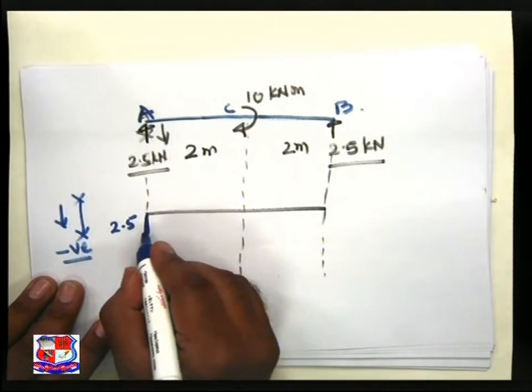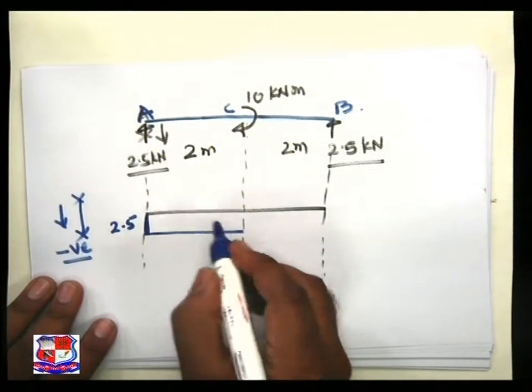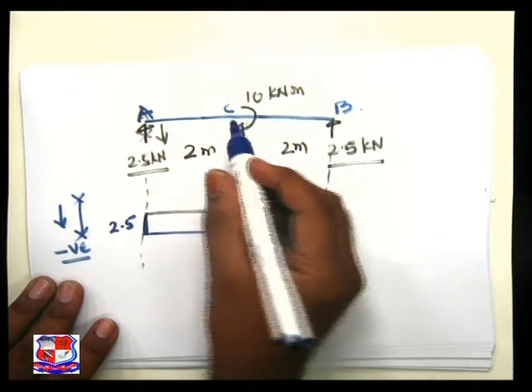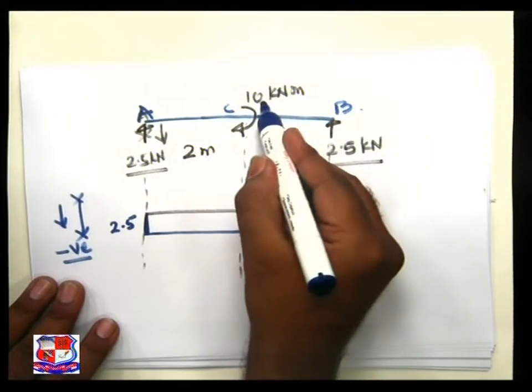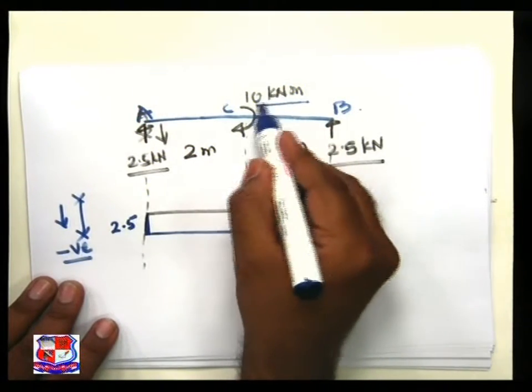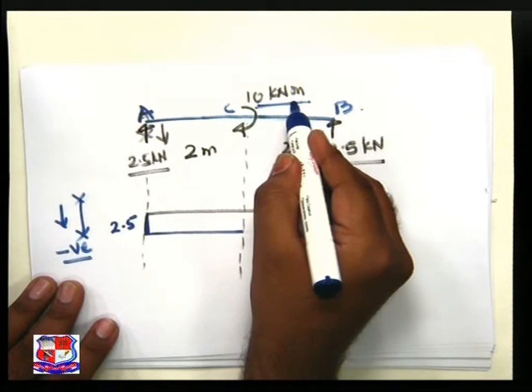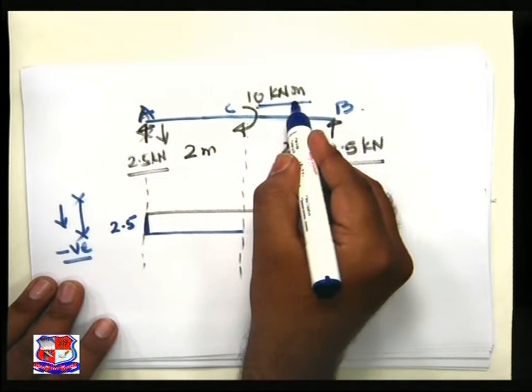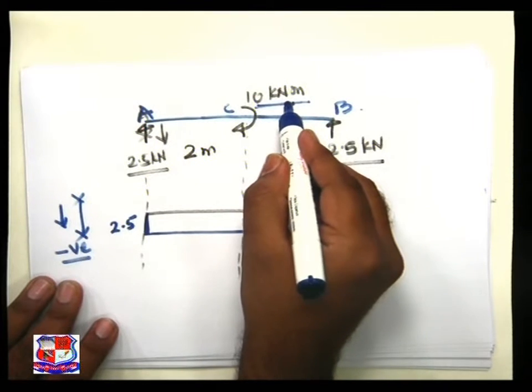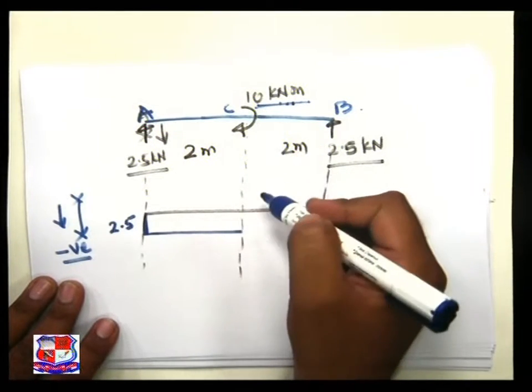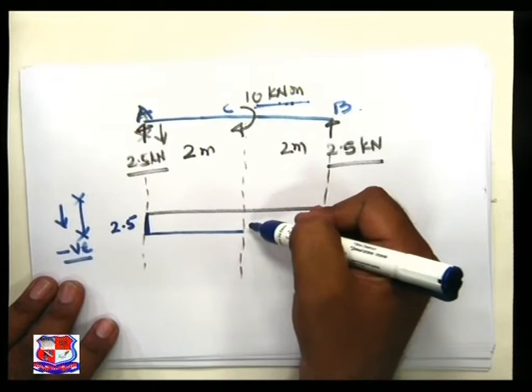So I will go for a horizontal straight line because there is no load. At C a moment is acting. Once again I repeat, a concentrated moment. There is no effect of this moment on the plotting of the shear force diagram.